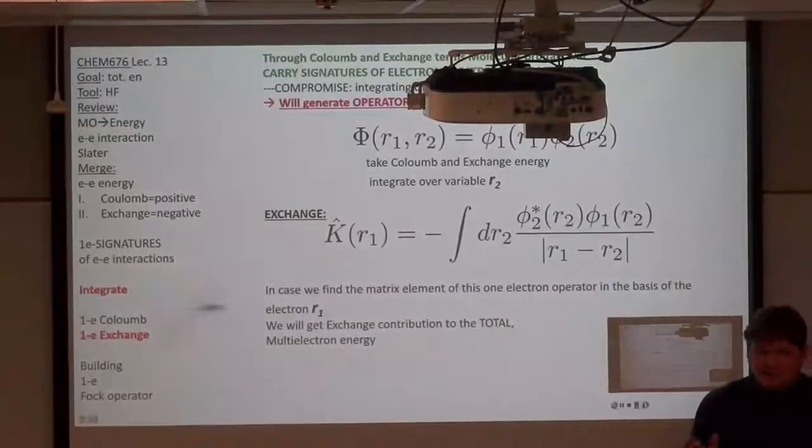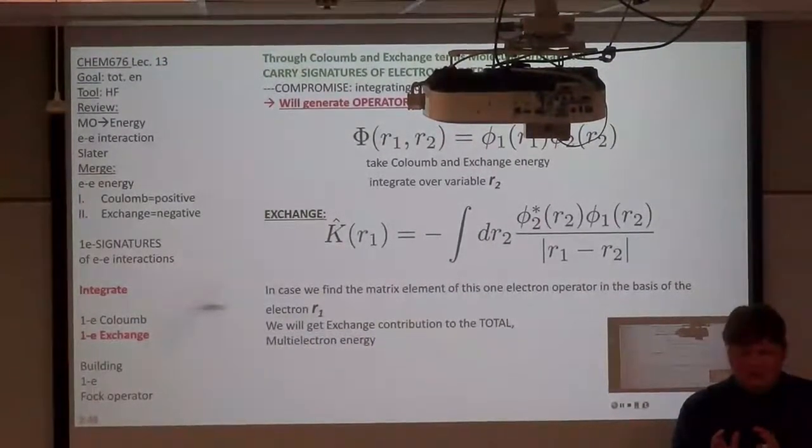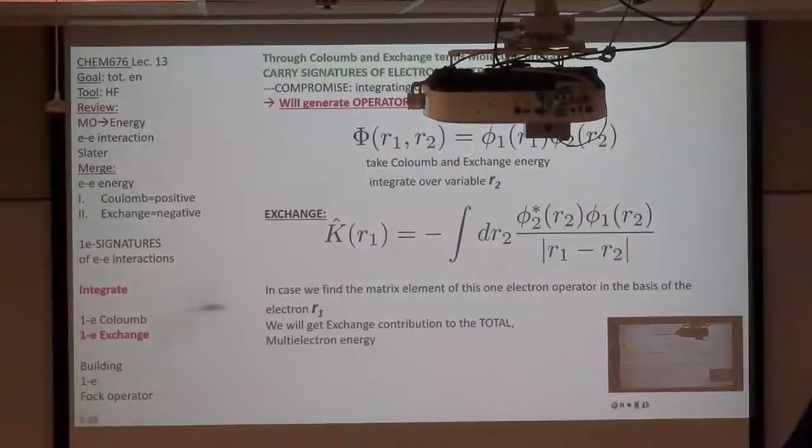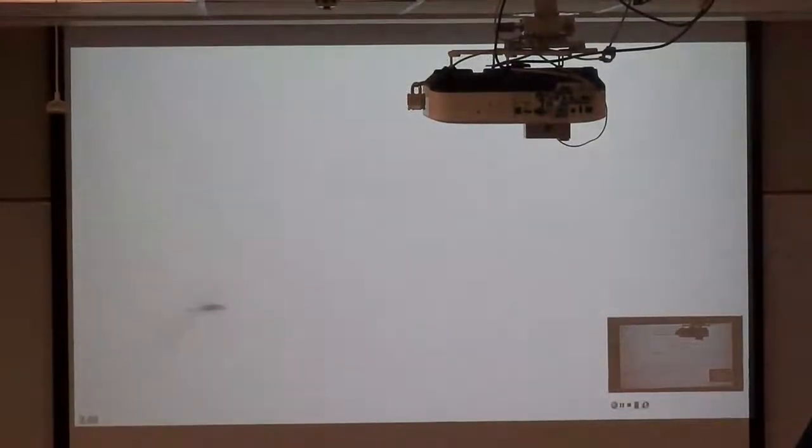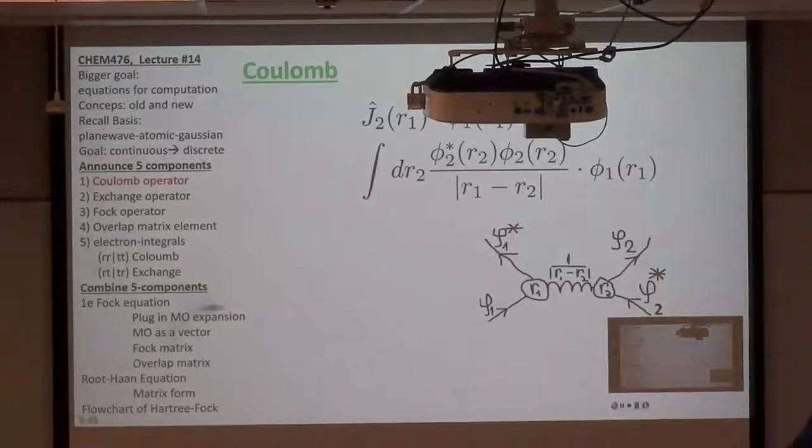And again, this is a partial operator that acts only on electron 1. Stop me and ask questions, even if you know that it will not be part of homework, because these are challenging things, and anything we do after will build on this.